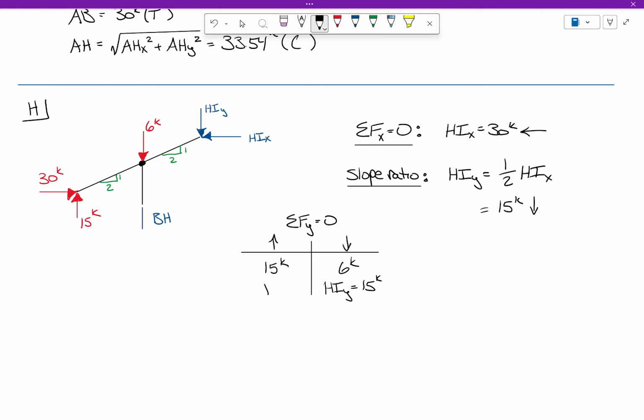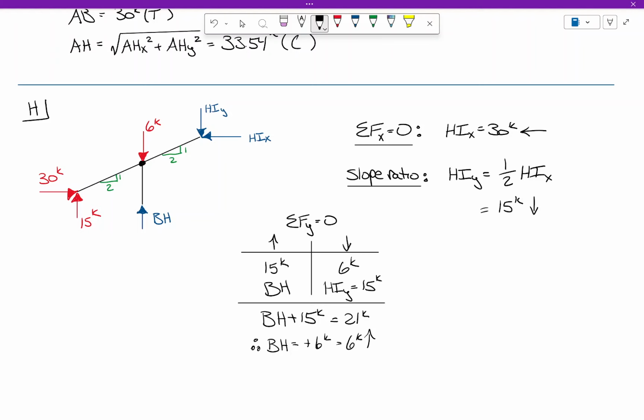So we'll put BH right there. Draw that like that. And so we're getting BH plus 15 kips is 15 plus 6 is 21. Like that. Okay? Is that okay?